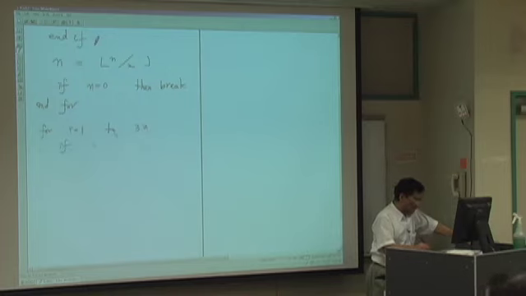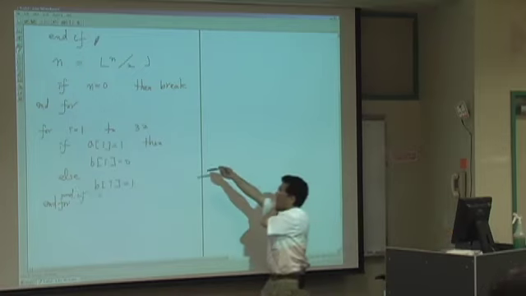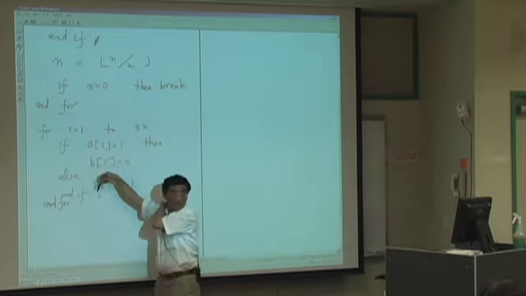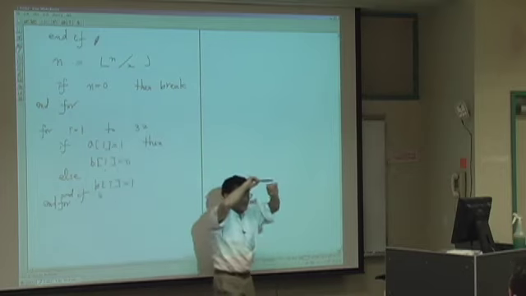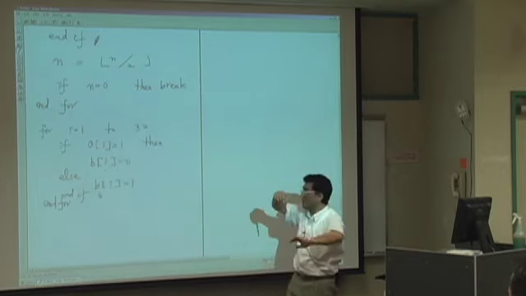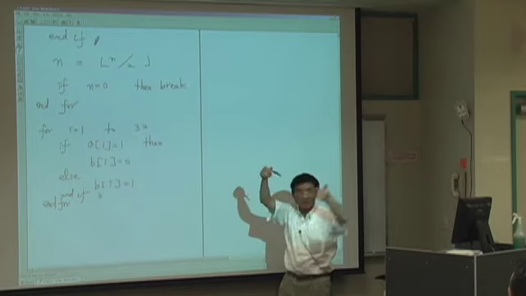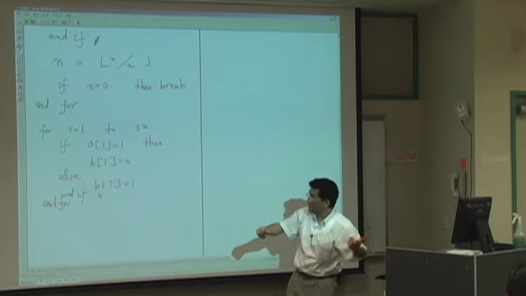If A_I is equal to 1, then B_I is equal to 0. Otherwise, B_I is equal to 1. So we are creating the B array from the A array. The A array had bits. Now the B array will have the result. Now we invert the bits. And the final thing is adding 1.